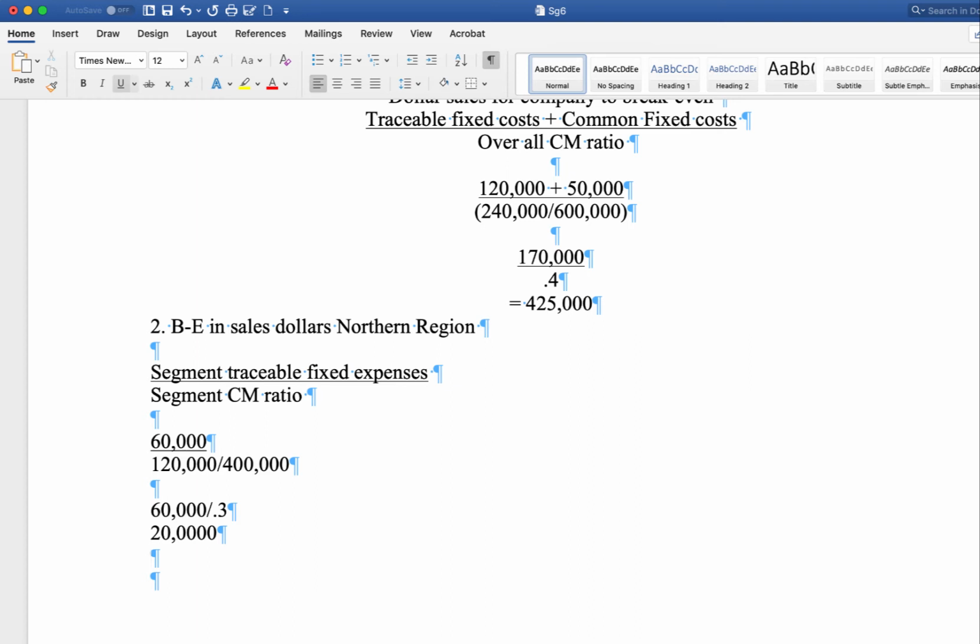We did 6.1, we did 6.2, we did 6.3, we did 6.4, and we did 6.5. So you are good to go. Just make sure you do the south region break even point in sales dollars for your study guide.